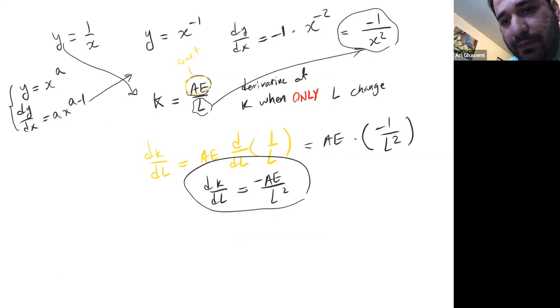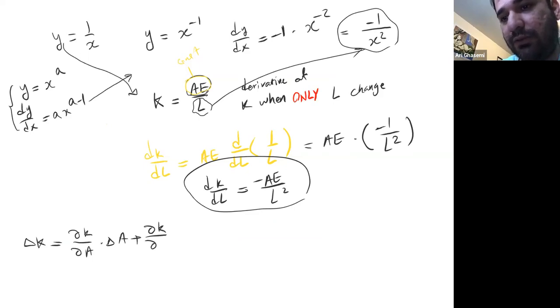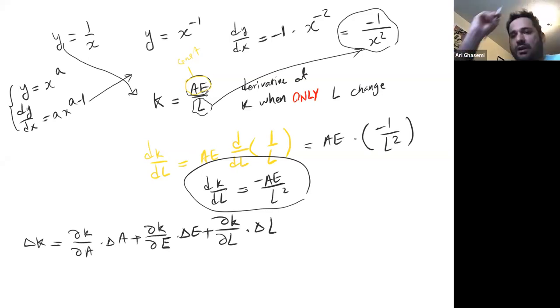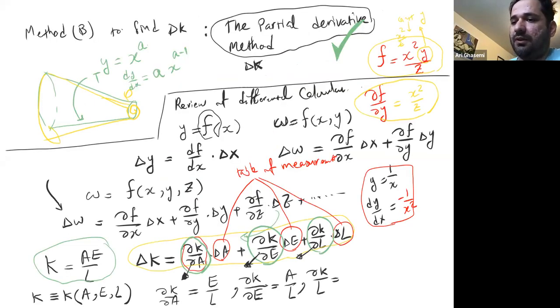So my delta k was partial k with respect to a, delta a, plus partial k with respect to E, delta E, plus partial k, partial L, delta L, right? This was my standard vector calculus differential relation, this relation highlighted in yellow, okay?